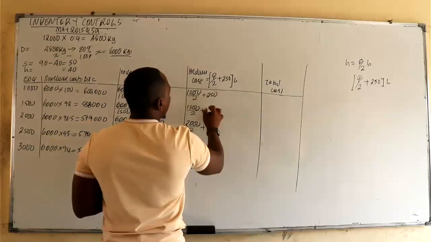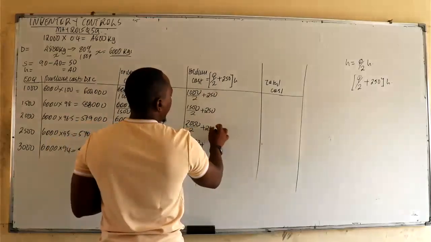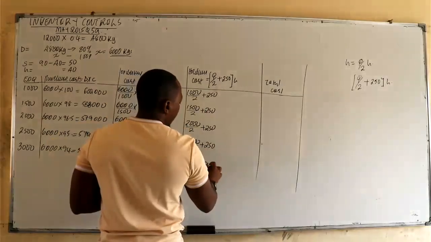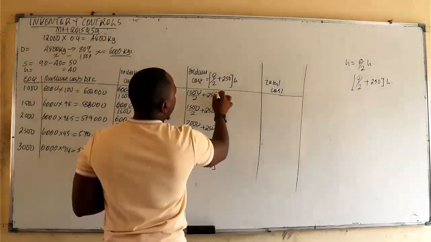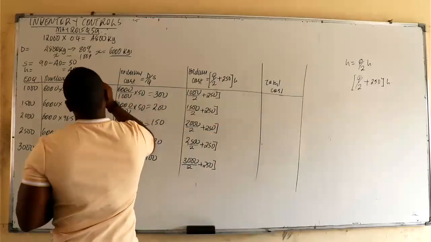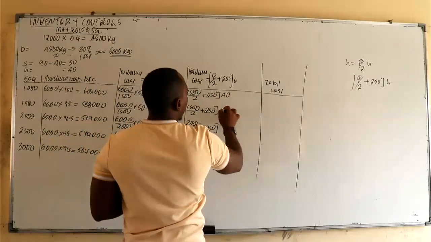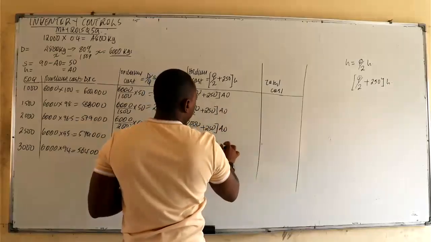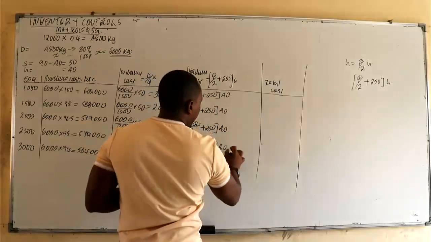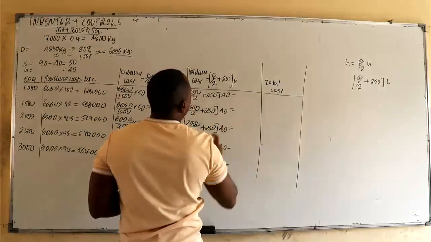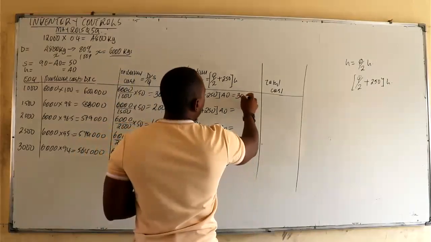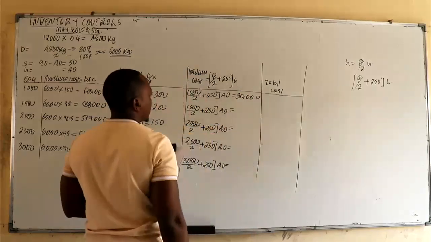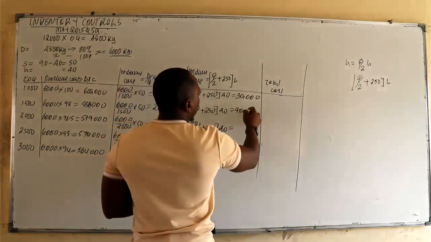So you add 250. Once you get the total number of units, then you multiply by the holding cost per unit. The holding cost per unit is 40 shillings. This one is 30,000, this one is 40,000.